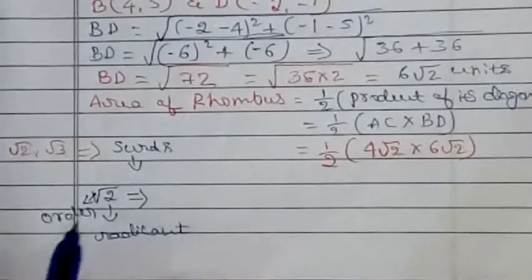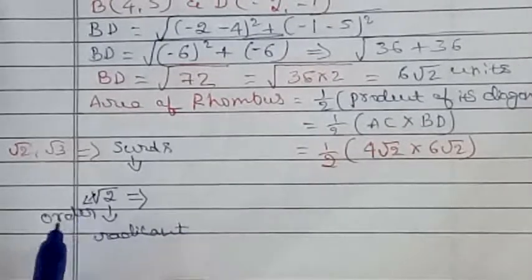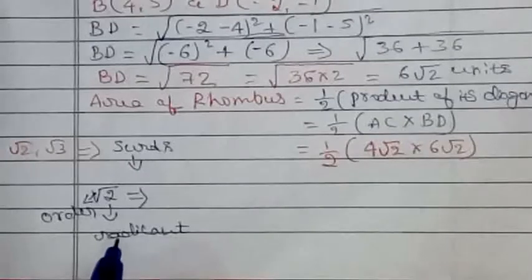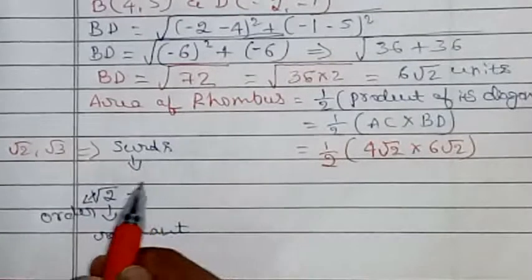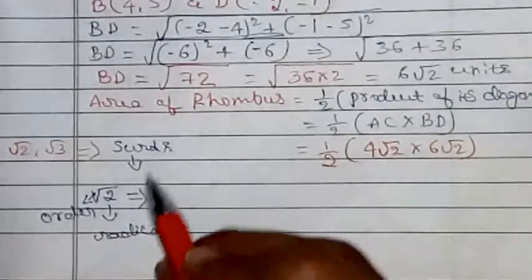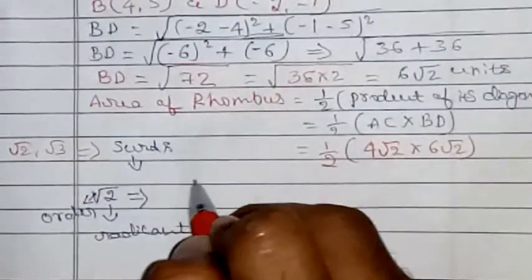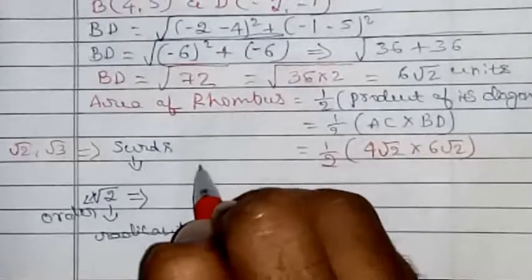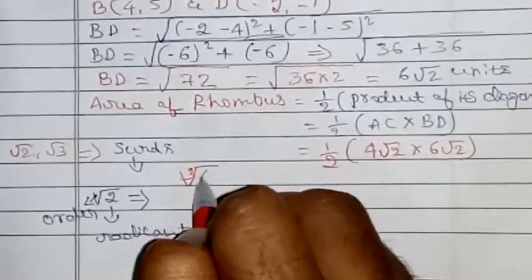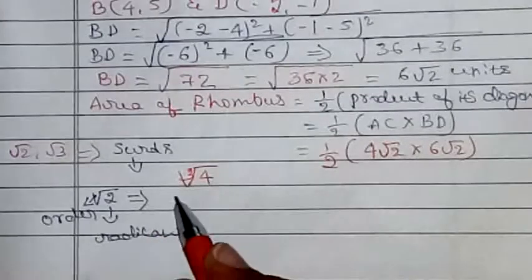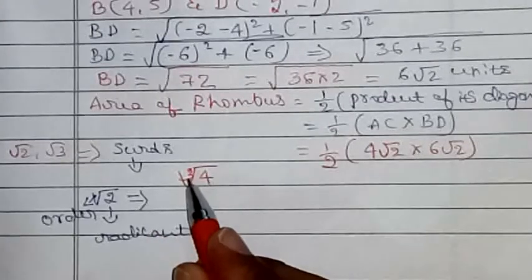Right? So whatever comes here is called the order. Whatever comes here is called the radicand. I'll show you by taking another example, children. Suppose I write cube root of 4. Now just observe, as I said, whatever comes here is called the order.